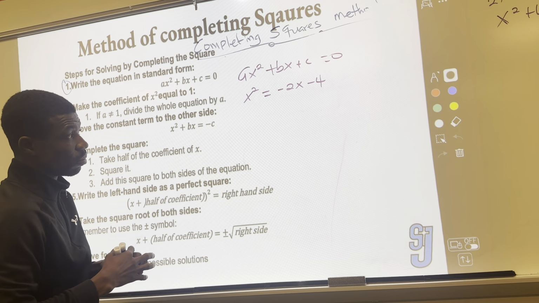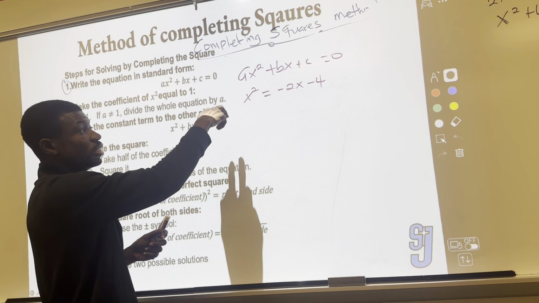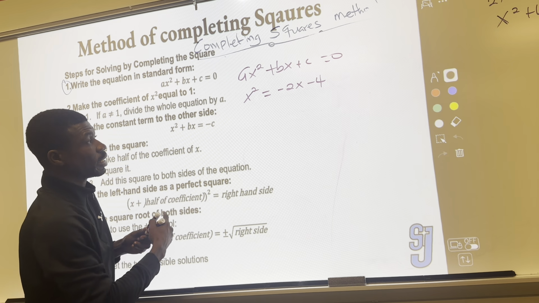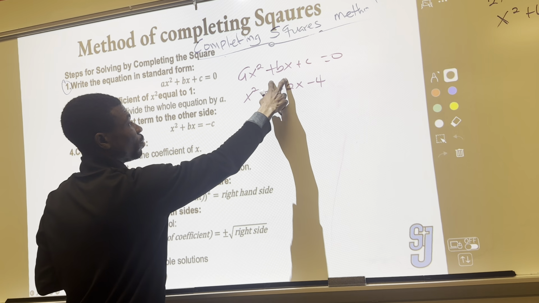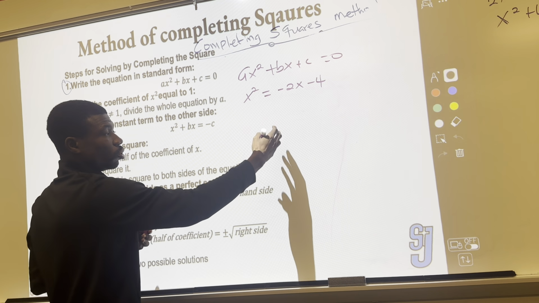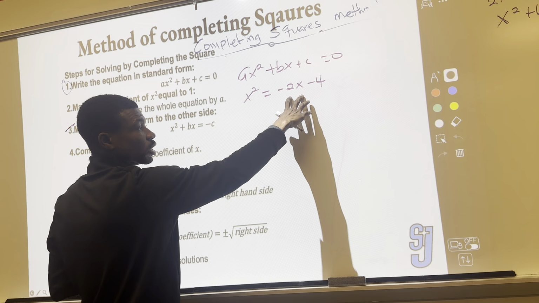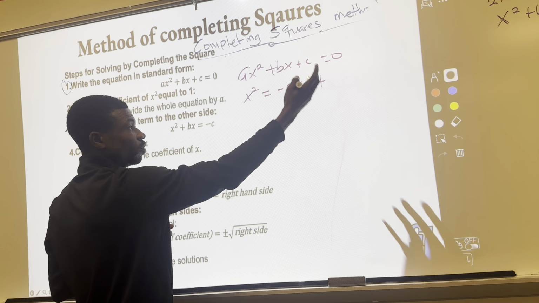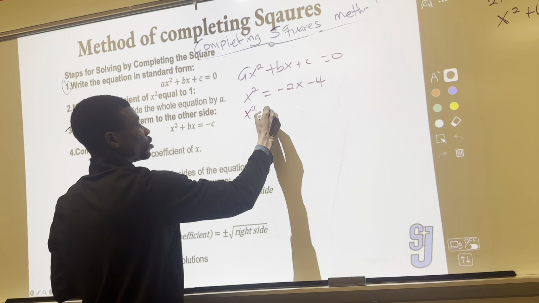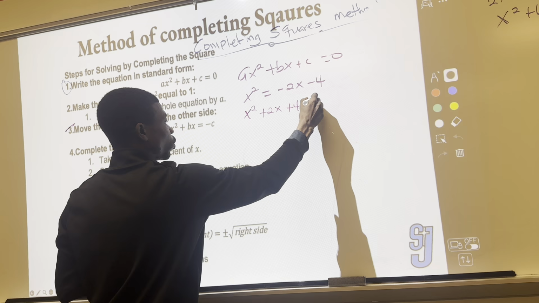The first thing I'm doing is making sure that this equation is in standard form, x squared plus bx plus c equals 0. So you add 2x to the right side and 4 to the right side of the equation to have x squared plus 2x plus 4 equals 0.